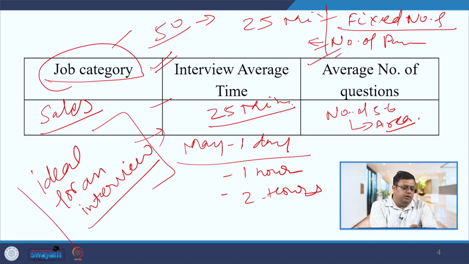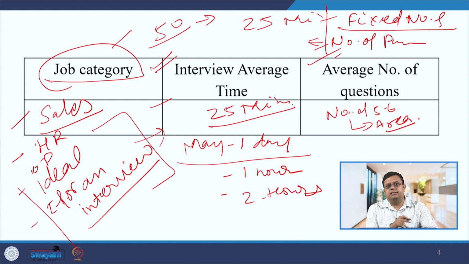In the same way you can compare department wise also, right: sales, HR, operations, finance, for each department how much time is being taken. So you can tell, today marketing interviews are scheduled, so this much time will be taken, and if HR interviews are scheduled, then this much time will be taken, right.